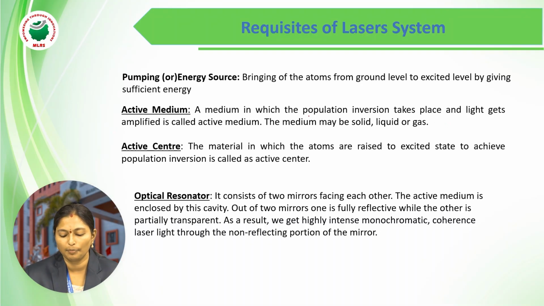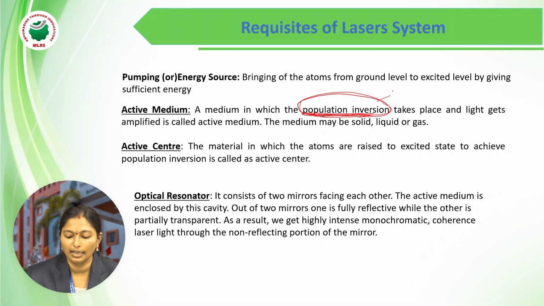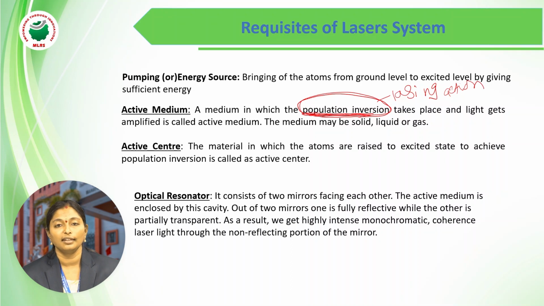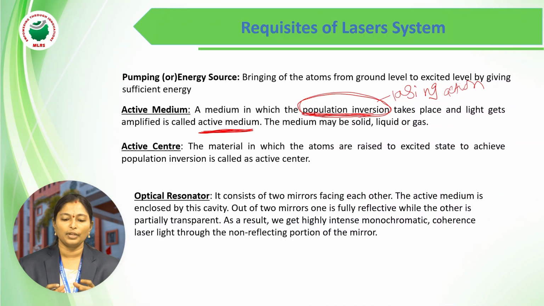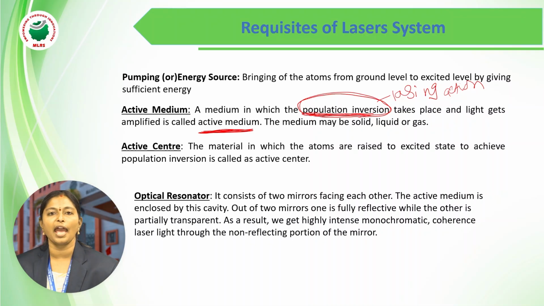This is the place where we get the population inversion, which is important for getting the lasing action. After getting this population inversion, we have amplified laser light in this medium. That's why we call this medium the active medium. In this place only we get the major principle.